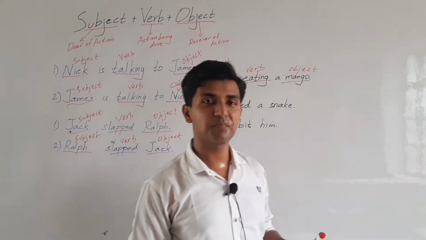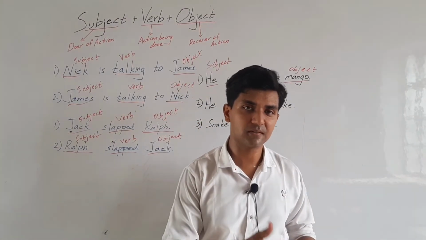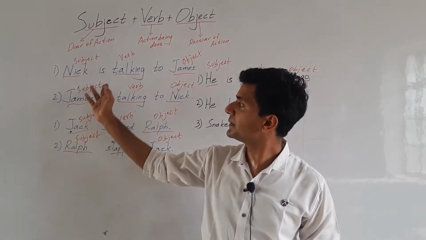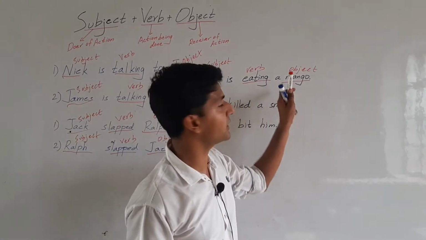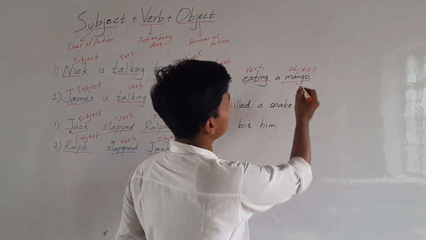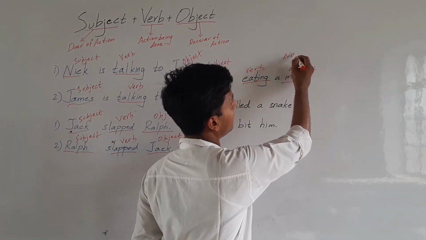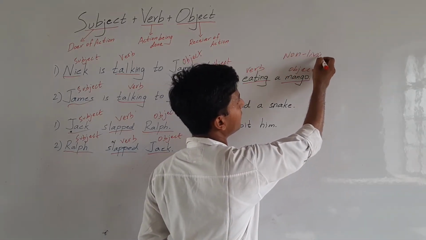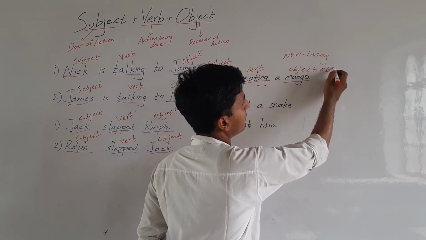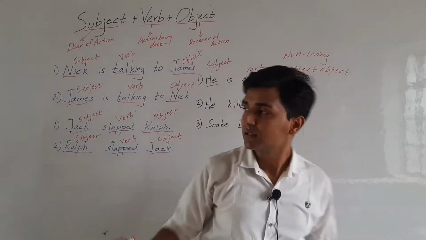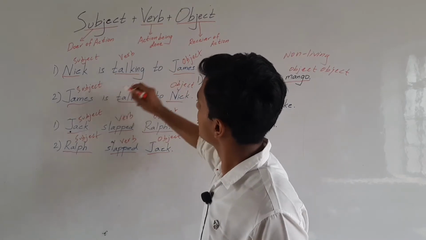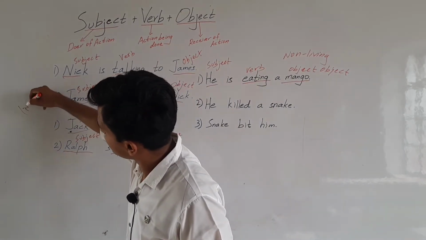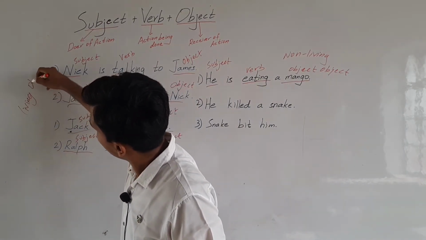Okay, dear friends, there is some other difference between these examples and the earlier examples. The difference is that mango is a non-living object. In the earlier examples, these are living objects.